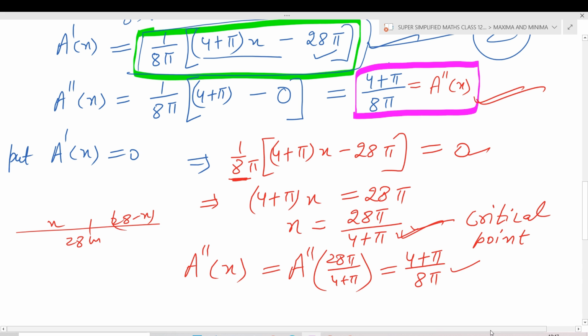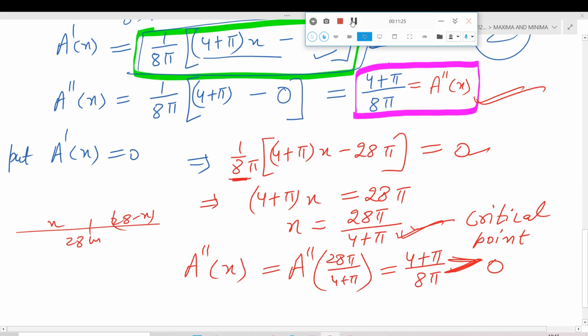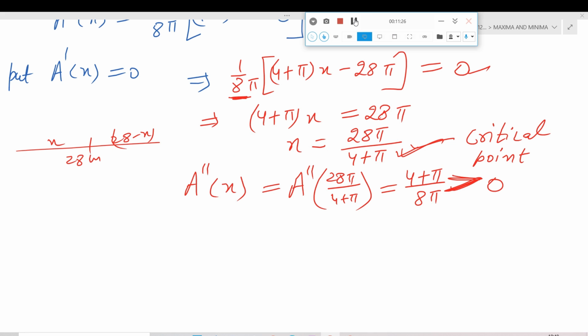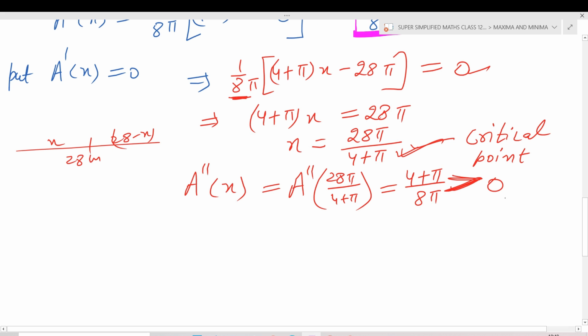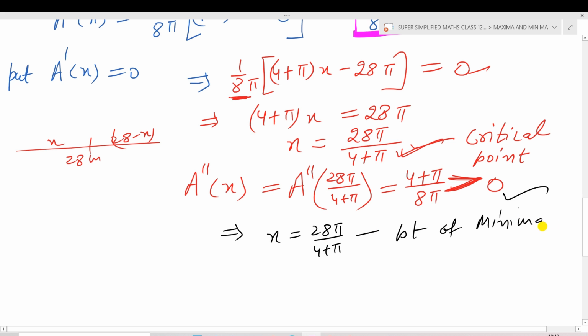So because A double dash is coming out to be positive, this value of x, 28 pi upon 4 plus pi, is the point of minima. Point of minima means that the combined area of square and circle is going to be minimum if we cut the piece of wire from this length. That is, x should be 28 pi upon 4 plus pi.